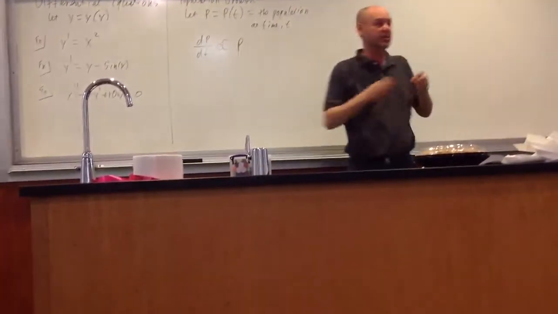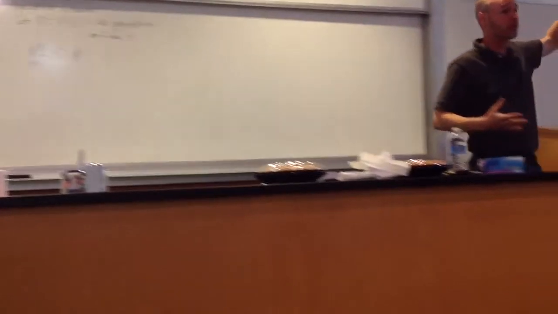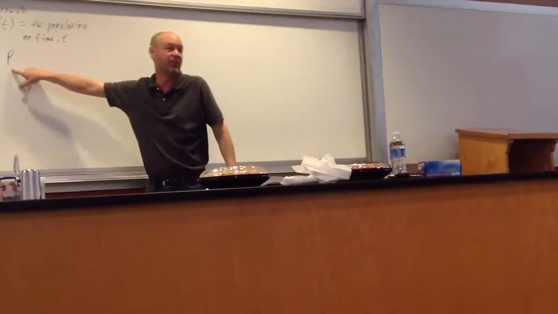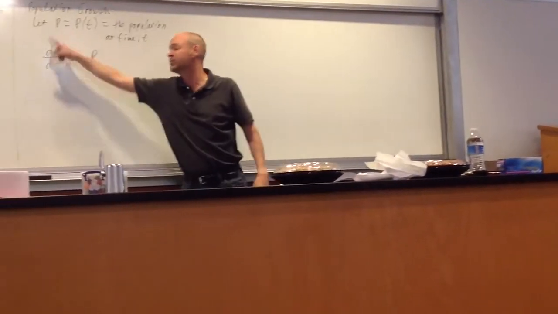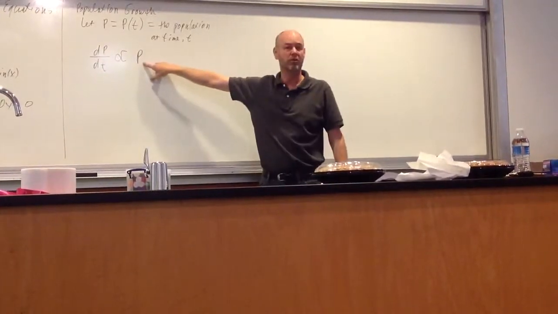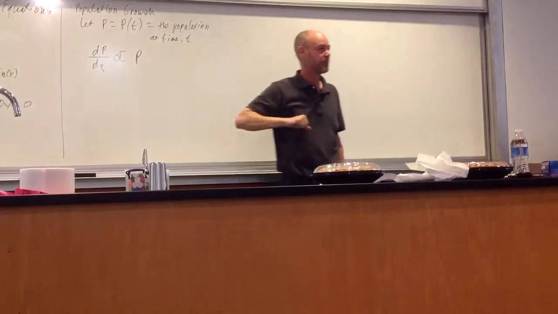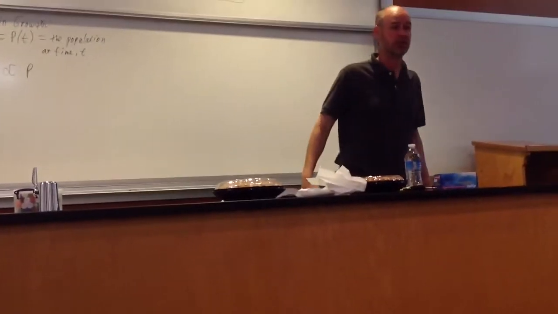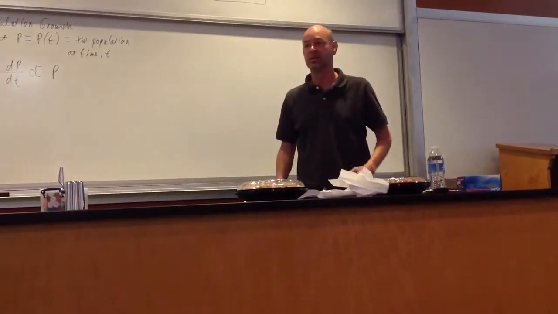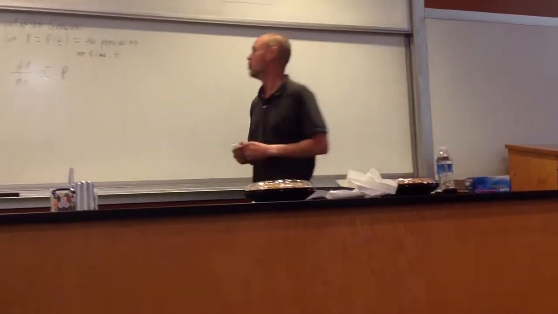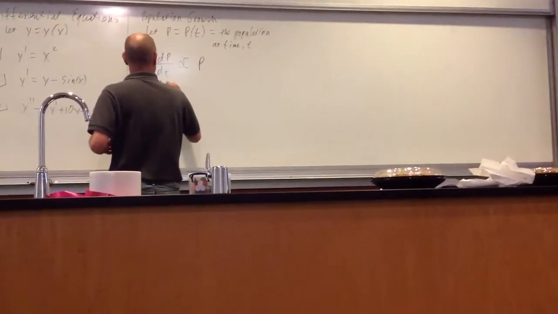If the population explodes, if it grows very, very quickly, then the population itself is also going to get very, very large. The rate at which it grows is not going to equal the actual population itself. Make sense? Now there's a way to make these two things equal, just like with the gasoline: we need to know the price of the gasoline, or we need to know a constant of some sort.